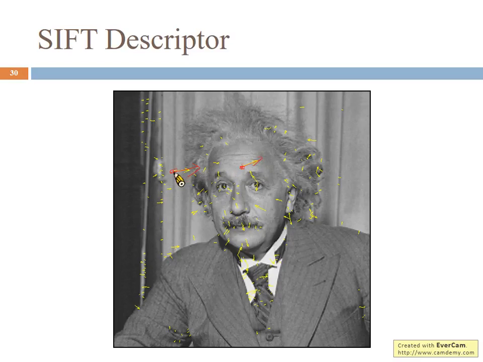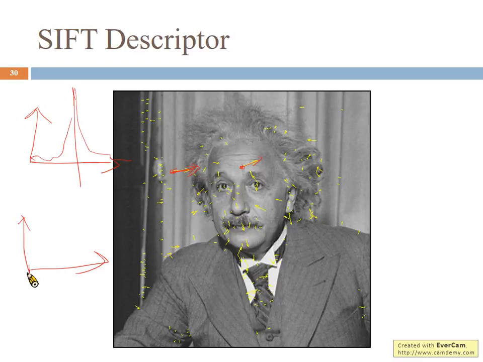And the length of the arrow indicates the strength of such gradient. So if the gradient histogram is something like this, the strength will be very large. And sometimes the gradient histogram may be just like this. The strength is smaller. And we use the length of the arrow to show the strength.